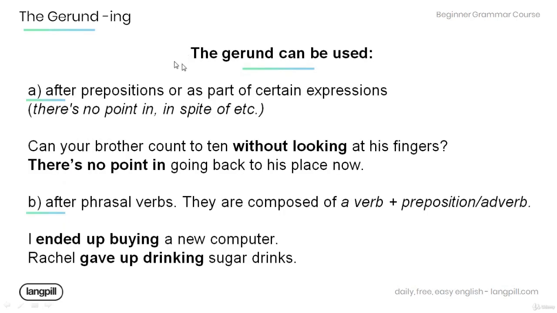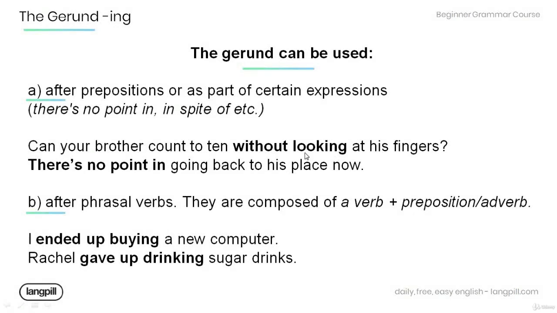Also note that the gerund can be used A, after prepositions, or as part of expressions, such as there's no point in, in spite of, etc. Have a look at the following examples. Can your brother count to 10 without looking at his finger?